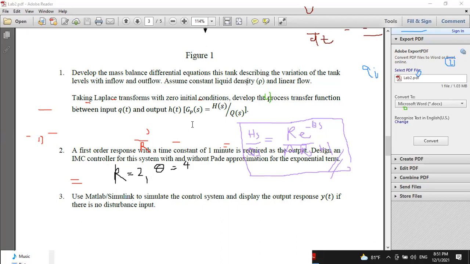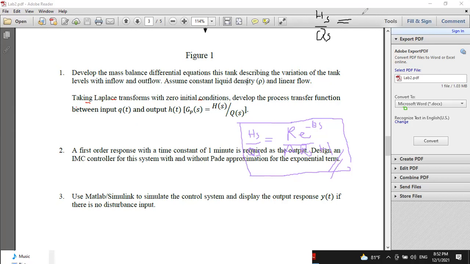So we'll use those relationships and those values, and we'll write our equation, which we'll be using for our earlier step, right? So I said that R is equal to 2, right? So we'll write it. So we can get Hs over Qs as 2.